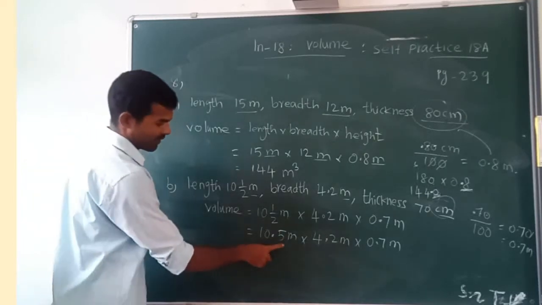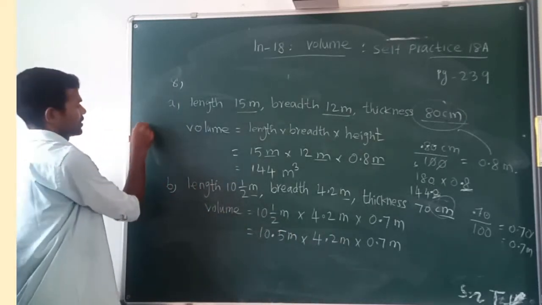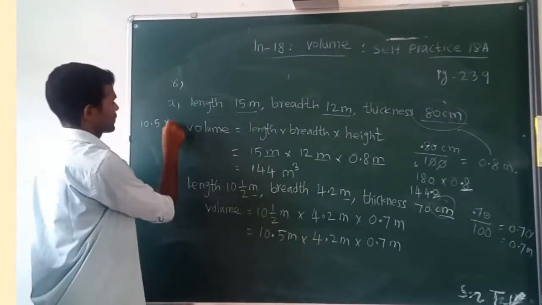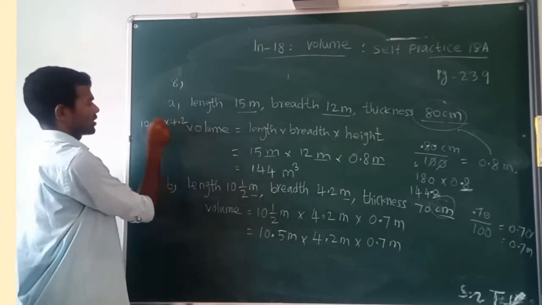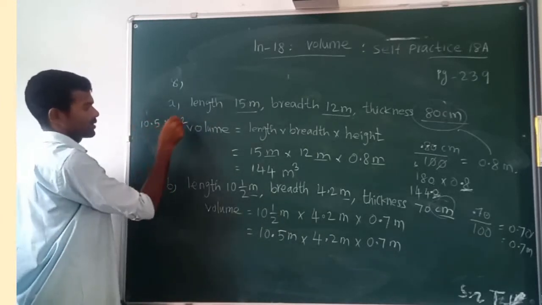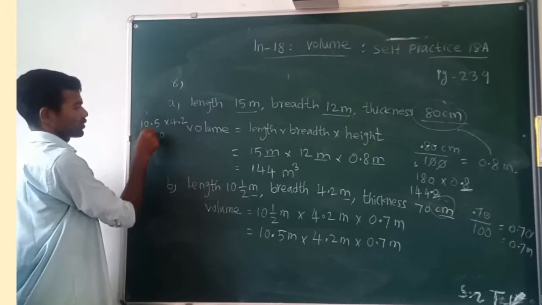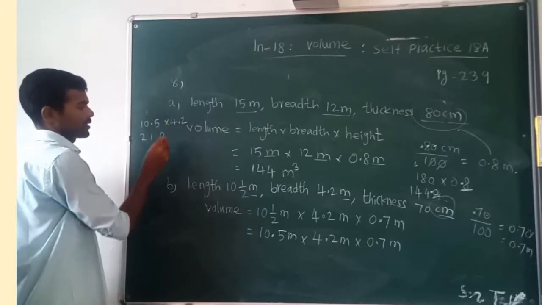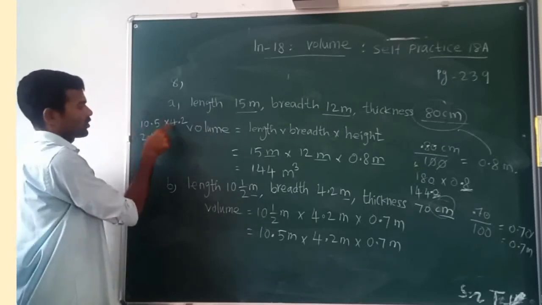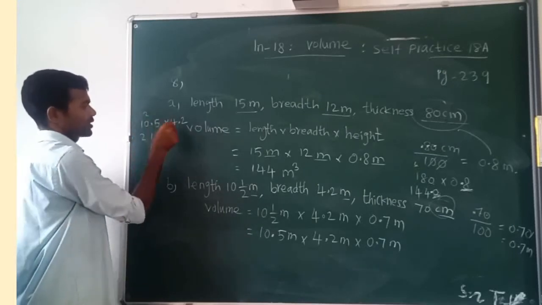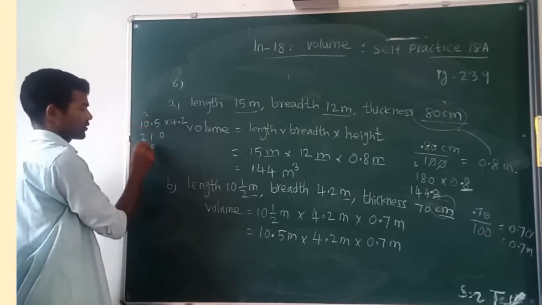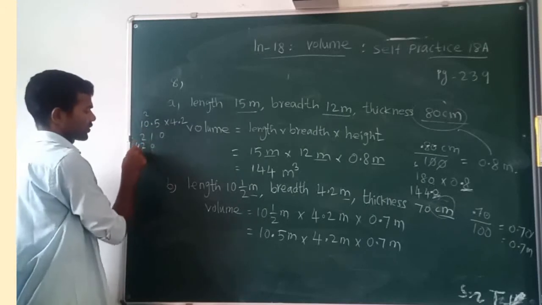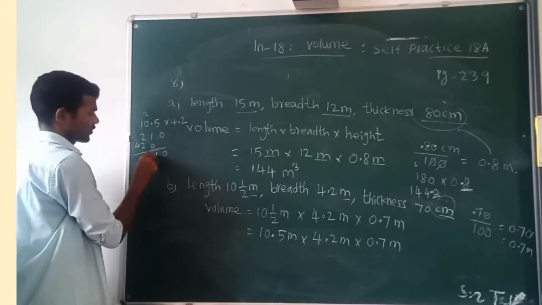So 10.5 multiply 4.2. 2 multiply 5, 10, 1 carries. 2 multiply 0, 0, so 1 only. 2 multiply 1, 2. Again with 4. 4 multiply 5, 20, 2 carries. 4 multiply 0, 0 only, so 2. 4 multiply 1, 4. So that is 0, 1, 4, 4.